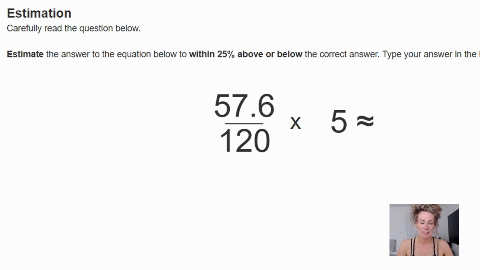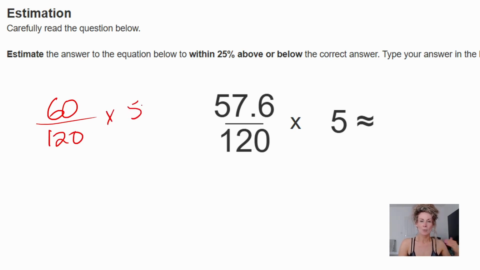57.6 and 120. So what could we estimate 57.6 to in relation to 120? 57.6 would serve well to be rounded to 60 because 60 is half of 120. It's got a relationship with it. So 60 divided by 120 times by 5.